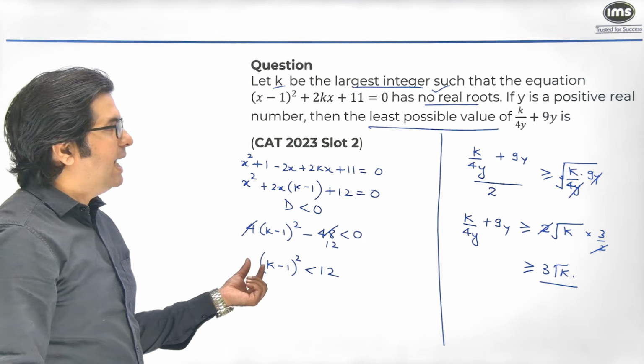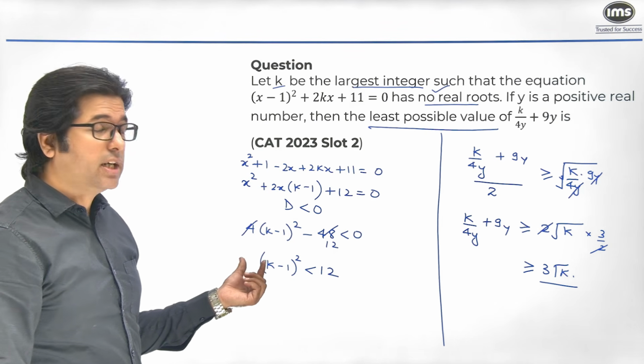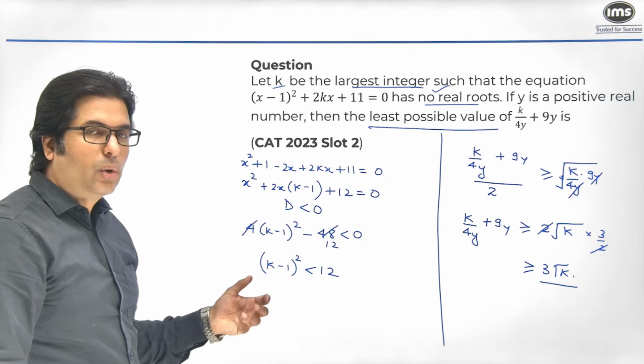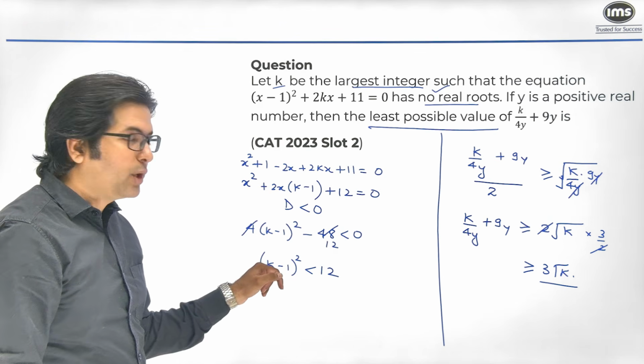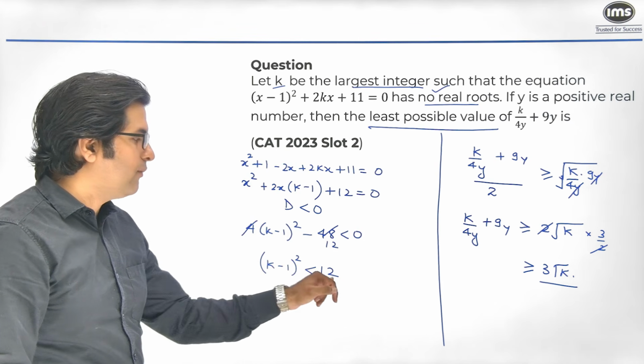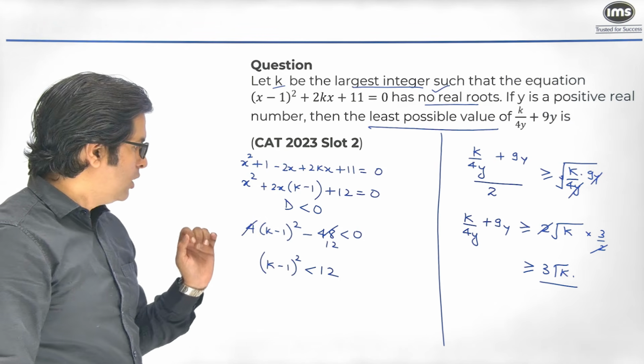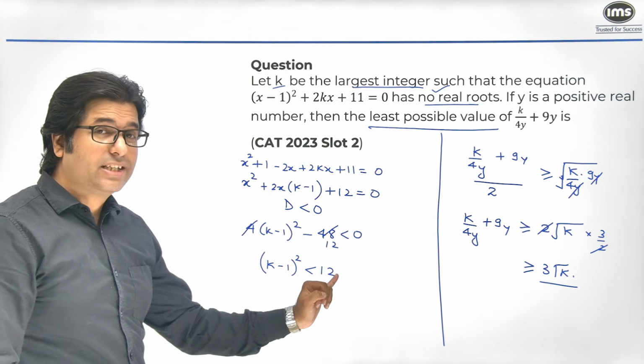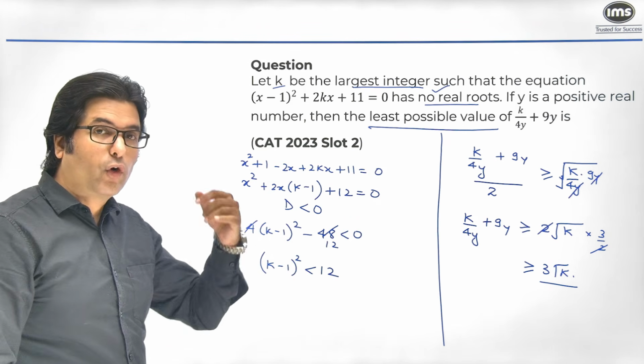Now I need k as an integer, and the largest integer such that this whole square is less than 12. Just do hit and trial and think of values. If I put k as 3, 3 minus 1, 2 square, 4 is less than 12. This is acceptable. So k equal to 3 is acceptable. K equal to 4: 4 minus 1, 3 square, 9. This is also acceptable. So k equal to 4 is also fine.